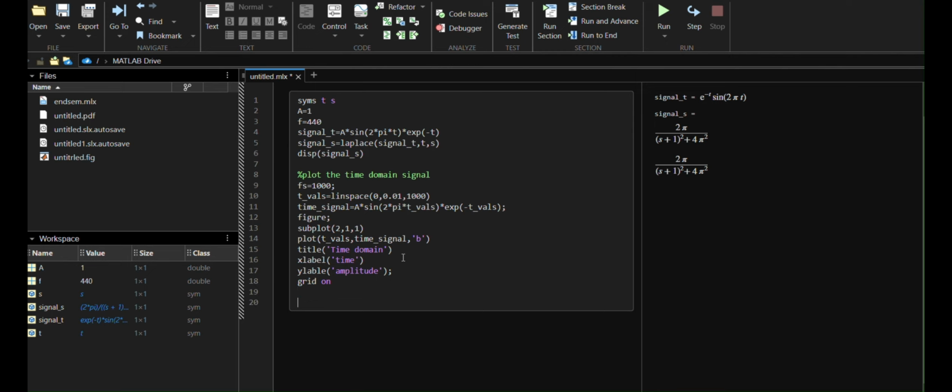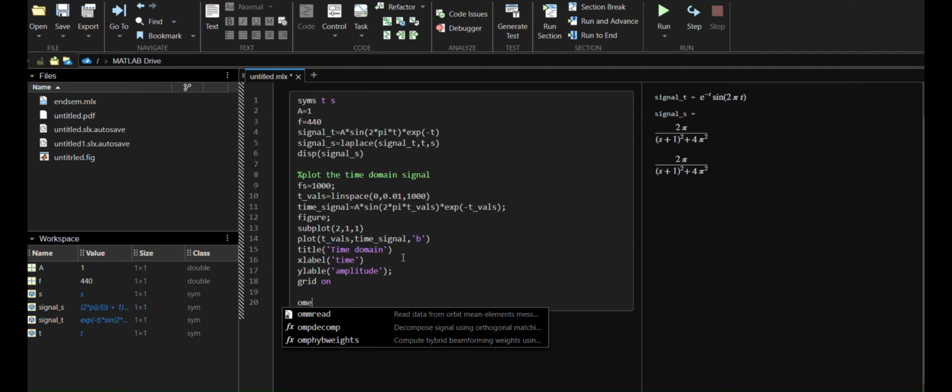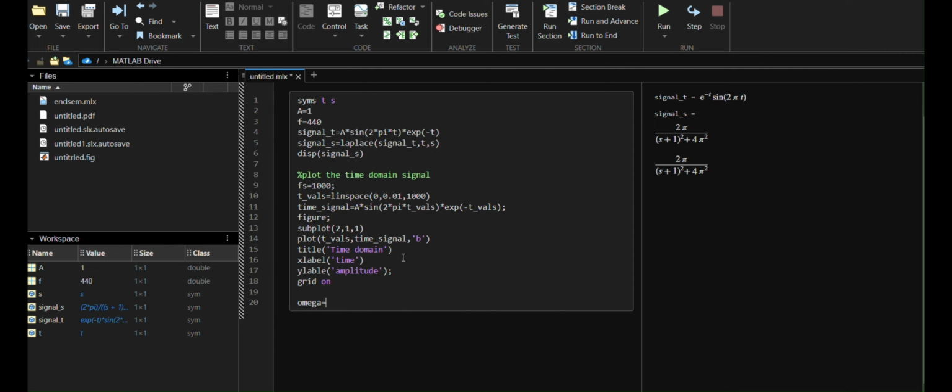So now frequency domain. For the frequency domain, I use a new function omega. Similarly, take linspace 0 to some thousands, whatever value we want. For a 0, in the previous case we took 0.1, in this case I take 1000.